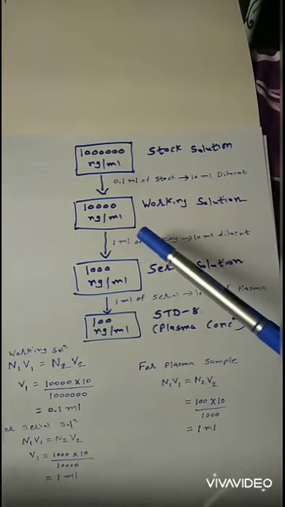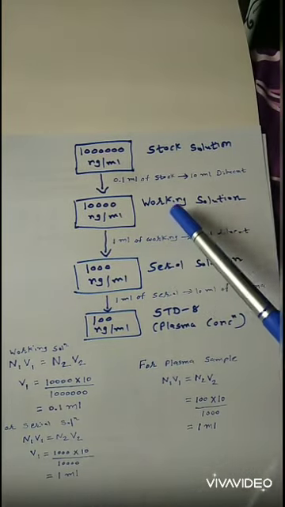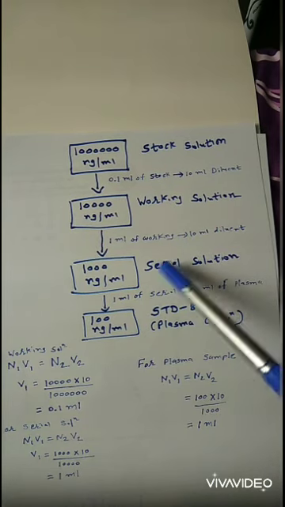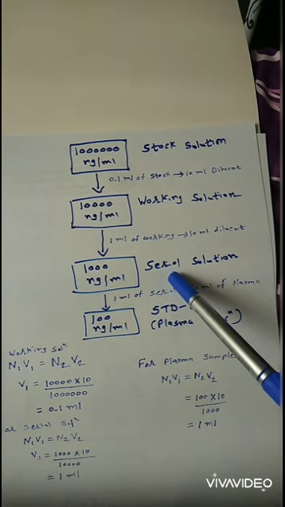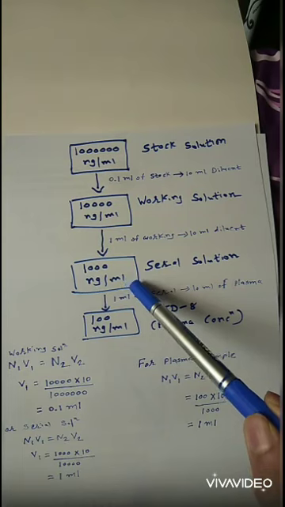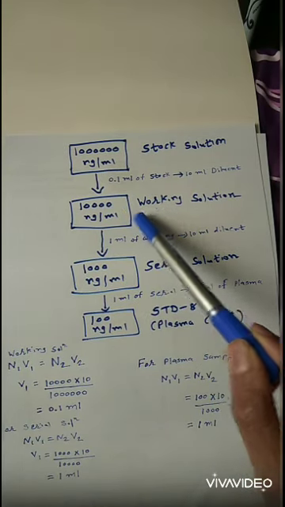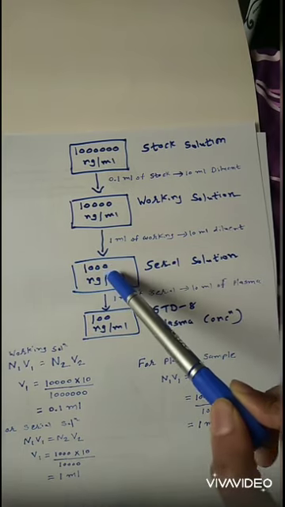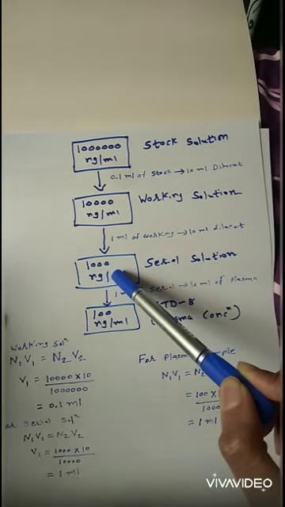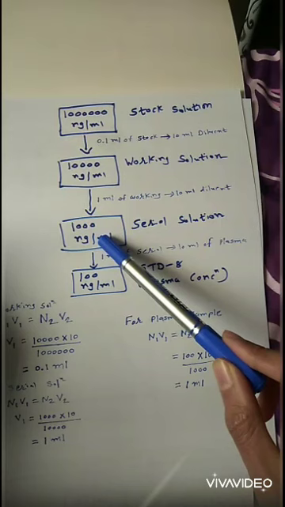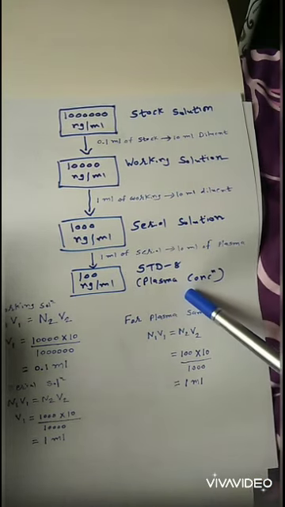So 1 ml of working solution is required to prepare 10 ml of serial solution having the concentration of 1000 nanogram per ml. So we take 1 ml and dissolve it in 10 ml, and we will get 1000 nanogram per ml.